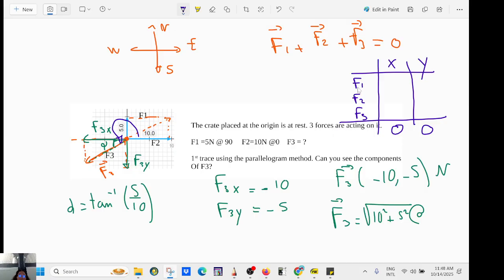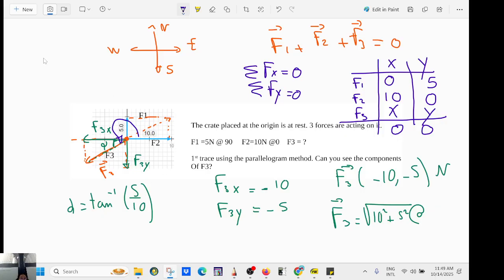So the x component of F1 is 0, the y component is 5, the x component of F2 is 10, the y component is 0. That's my unknown. So you have 0 plus 10 plus x equals 0. The sum of all the x components equals 0, the sum of the y components equals 0, and you will get the same thing. Agree?